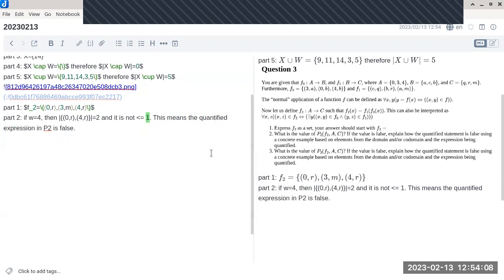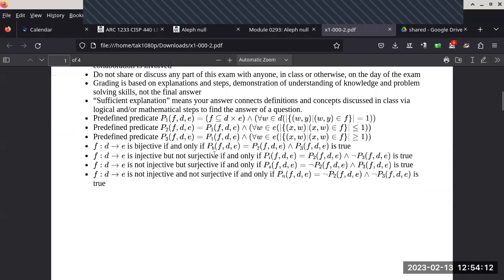Yep. W comes from the definition of P2. So we can find at least one such W from the codomain such that when you create a set where everything is ending up with R, that set has two elements, and two is not less than or equal to one.